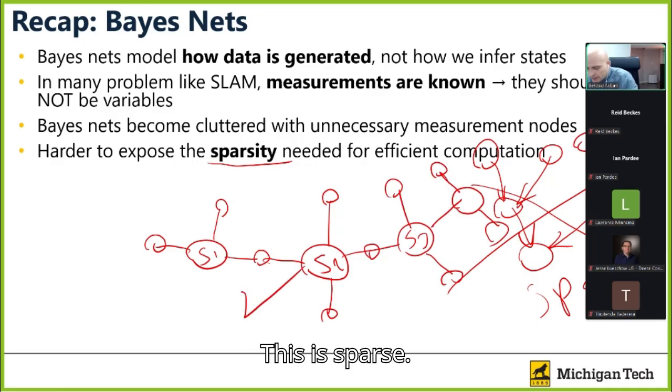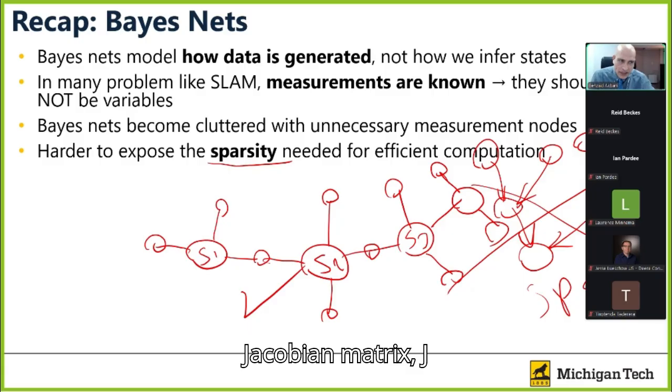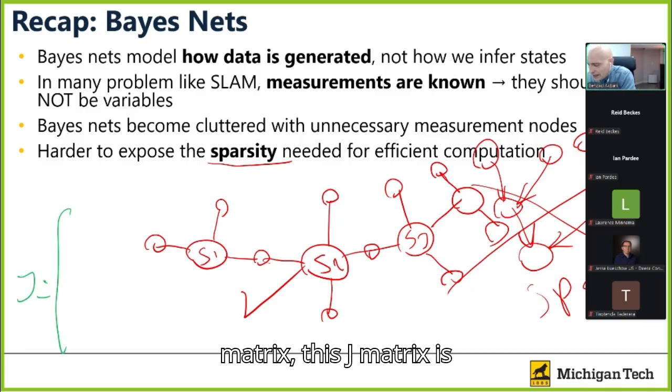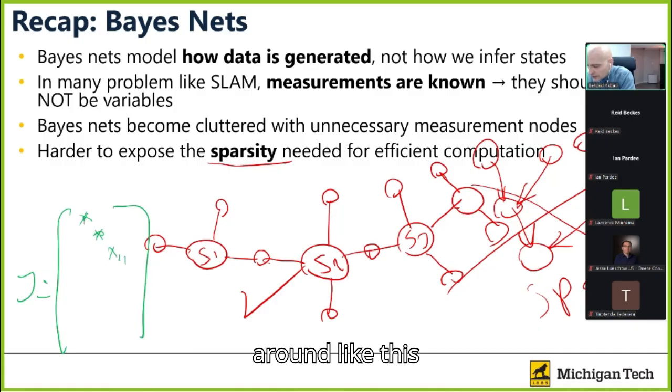This is sparse. So in a sparse relationship matrix, which later we're going to see is called the Jacobian matrix, J matrix, this J matrix is mostly zero. We have just some values around like this, and the rest zero.